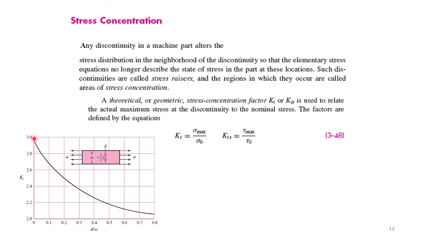So this means that in the region very close to this small hole, the stress will be magnified by 3 times. If in the far region here it is 100 megapascals, it will be 300 megapascals around this hole. So taking into account KT for any geometrical discontinuity is very important and crucial in fatigue loaded components.